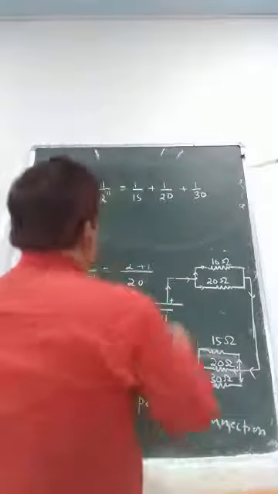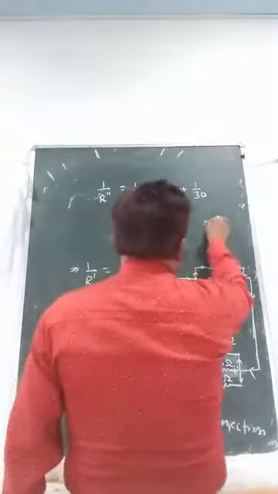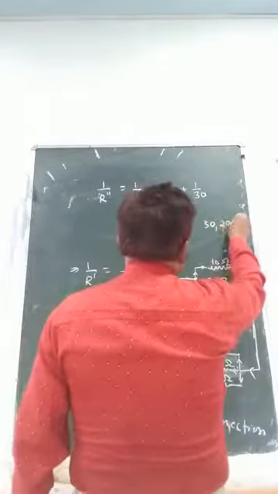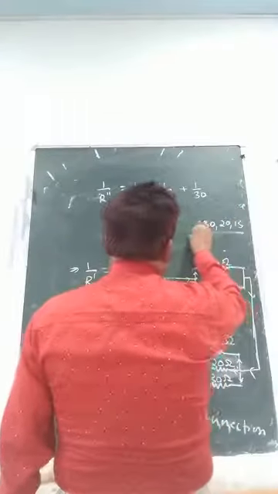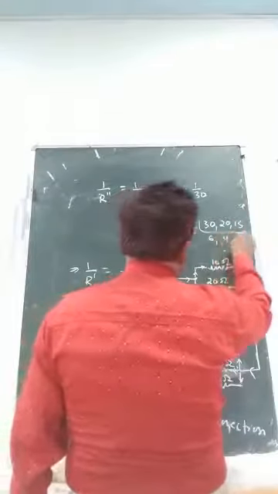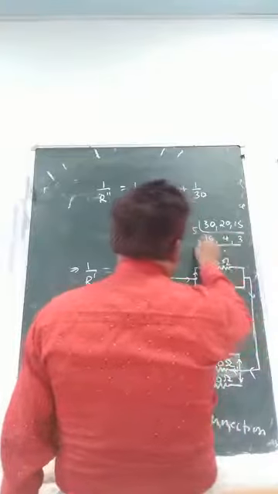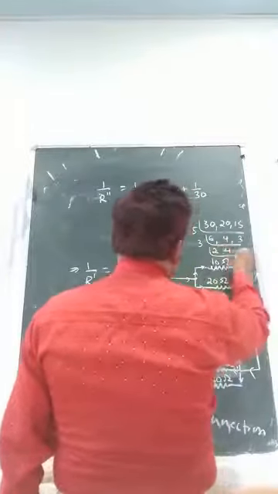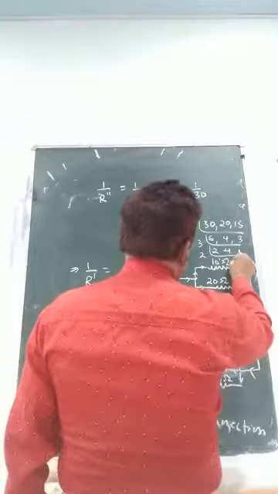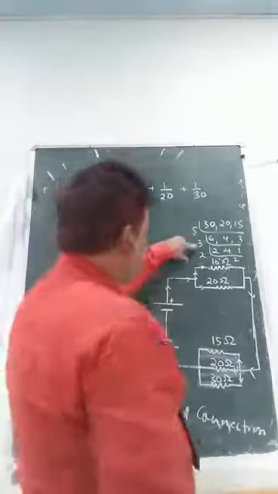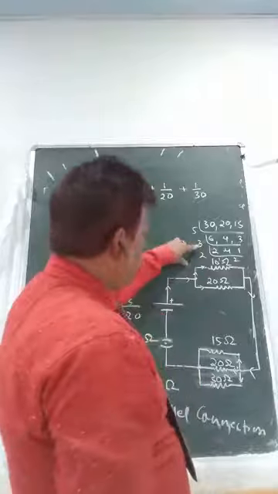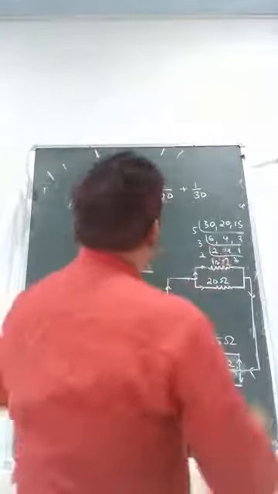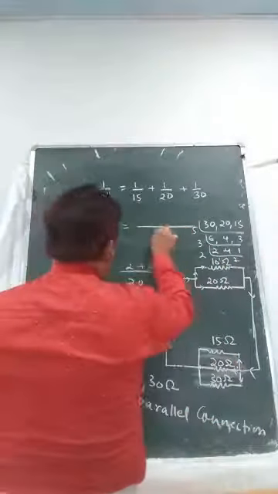Okay. Then 30, 20, 15 LCM. Go with 5: 6, 4, 3. Go with 3: 2, 4, 1. Go with 2: 1, 2. That means 5 3s are 15, 15 2s are 30, 30 2s are 60. 60 is the LCM.